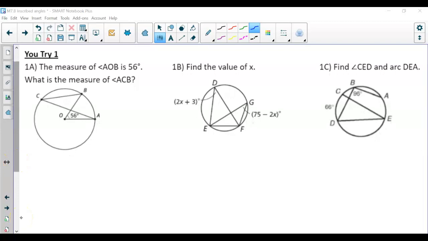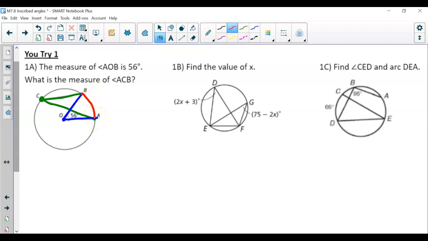Here we go. So for the first, AOB, this central angle is given to us. It's 56 degrees. We are looking for the measure of angle ACB, which is an inscribed angle. Now, notice that they do create the same arc here, right? So can we state that ACB is also 56?